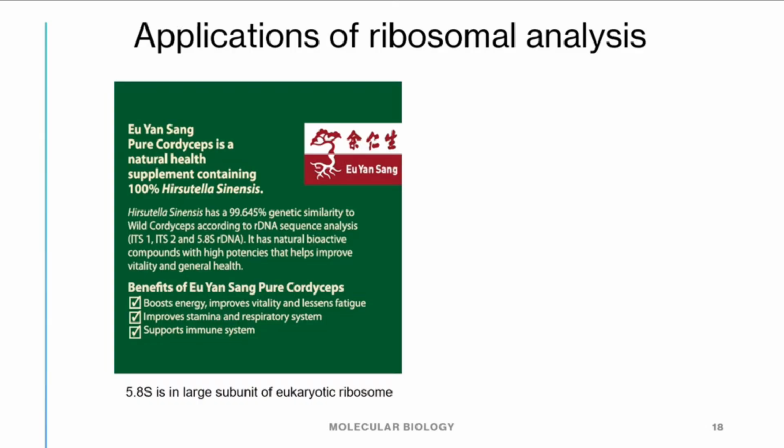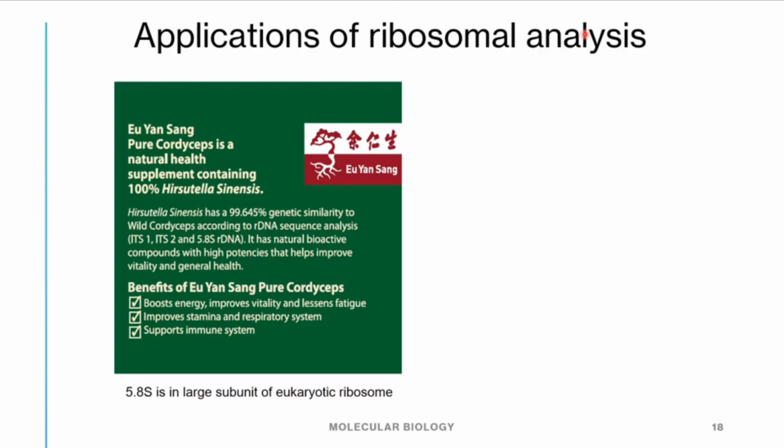So in this particular example, you probably know this company already, Yuan Sang. They use the 5.8S ribosomal RNA sequence to confirm the identity of the polyceps that they use in their products.